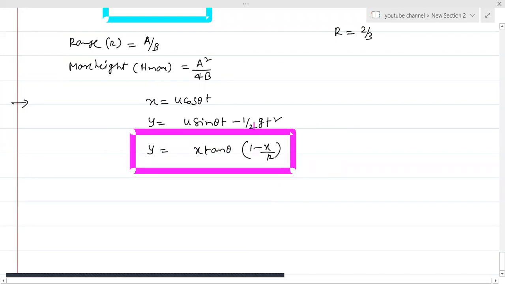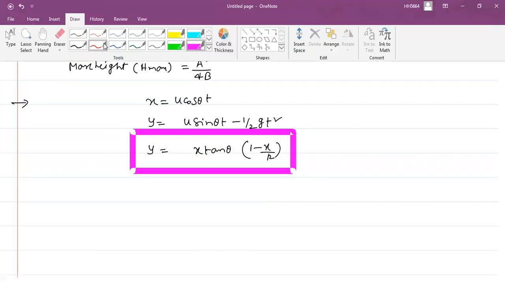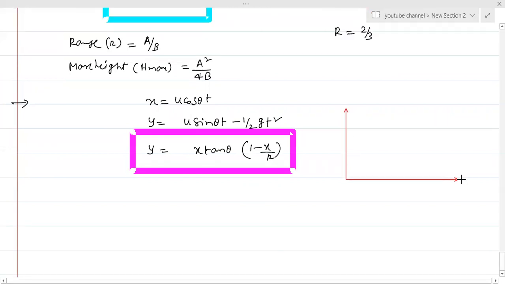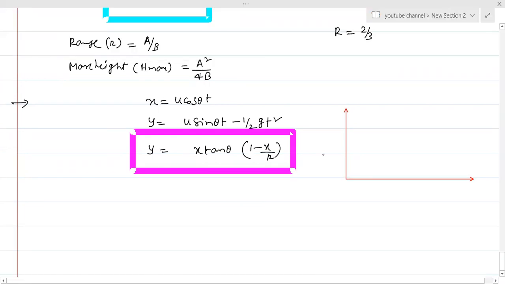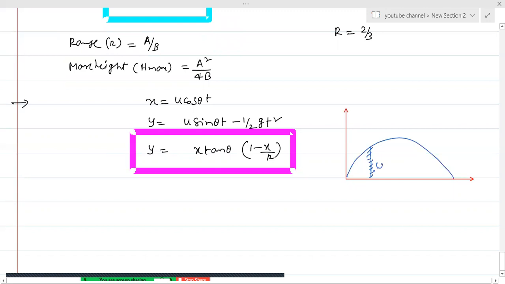First we need to understand graphically what this y and x mean. For example, a body is projected like this. So we have a wall.